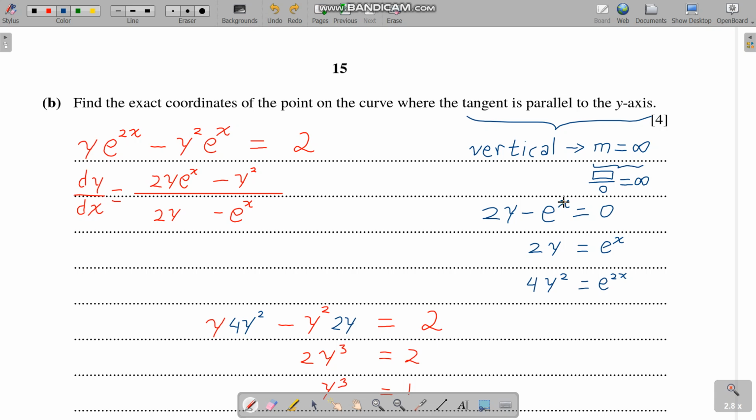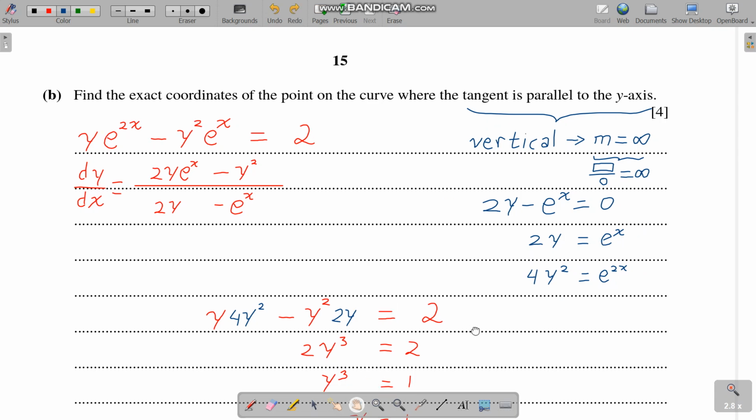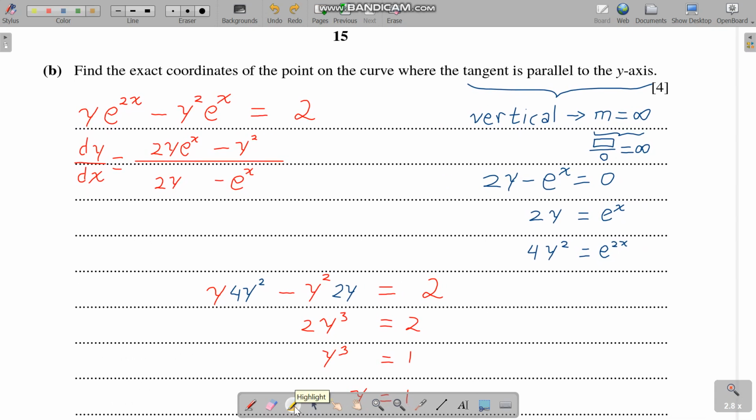So we add e to the x to both sides, and we square both sides here. We get 4y squared equals e to the x, because if we square this, we multiply the powers, we get e to the x. Now we are ready to substitute.